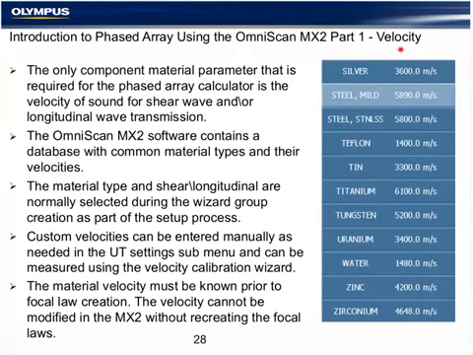But what cannot be changed, what has to be known when the focal laws are formed, is the velocity. When you recalibrate velocity in the OmniScan, you're actually rebuilding the focal laws. And this is true for all software. It's just a physics thing more than a software limitation. So you must know the velocity.